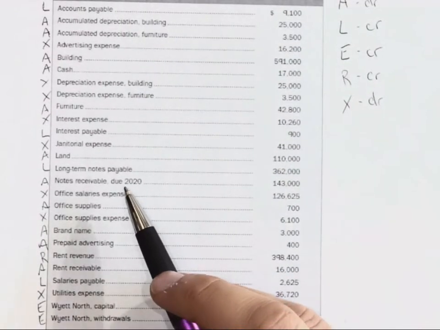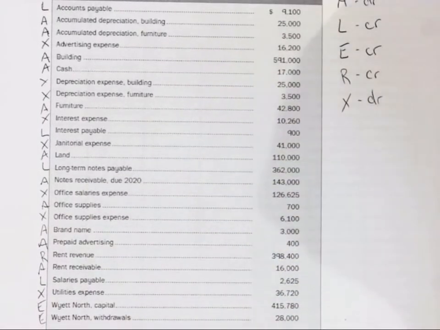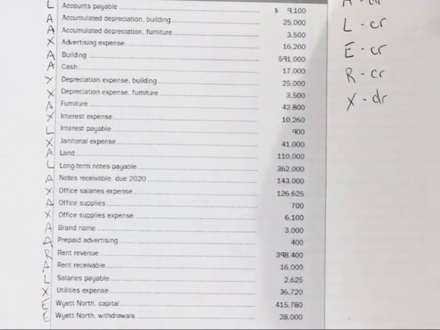Is that a current? No. Or notes receivable? No. Office supplies? Yes.